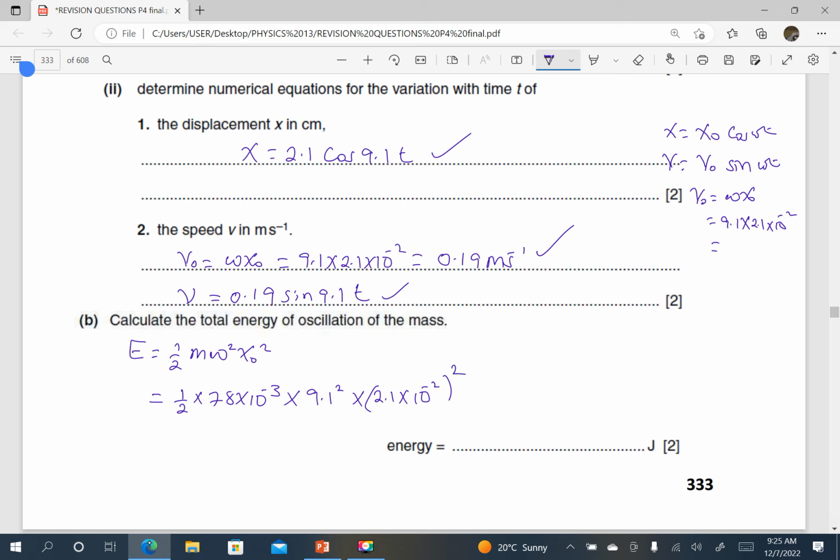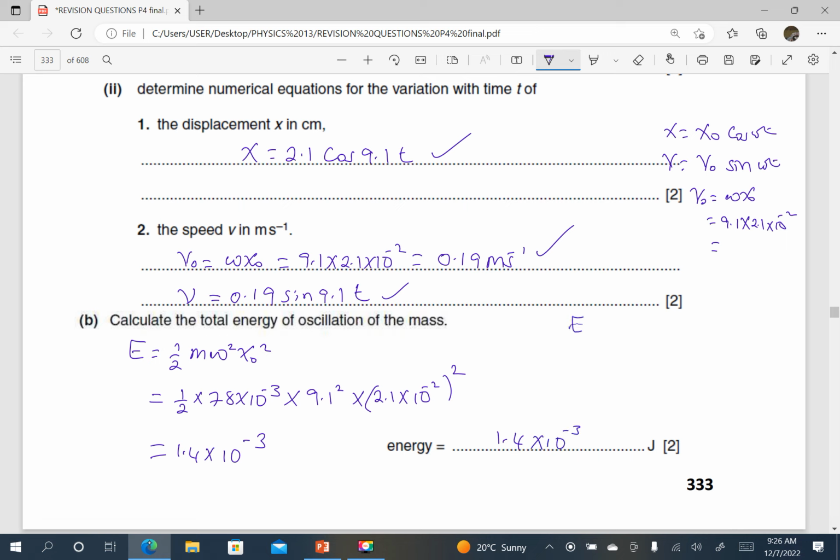Pressing my calculator, this gives me 1.4 times 10 power negative 3.